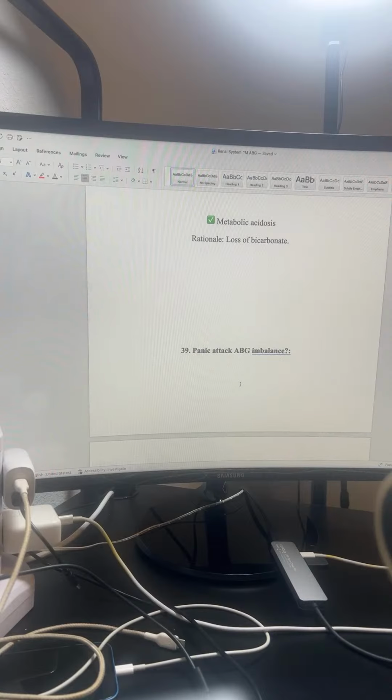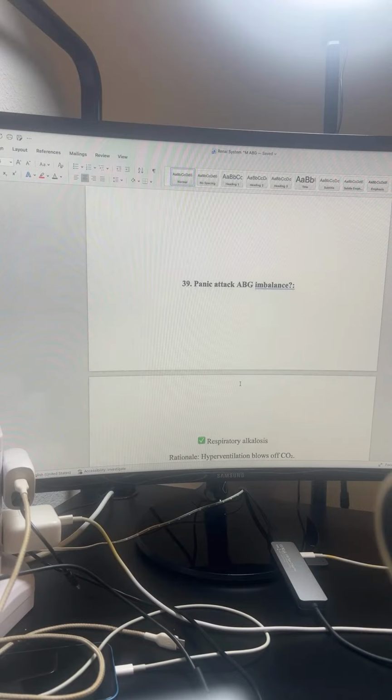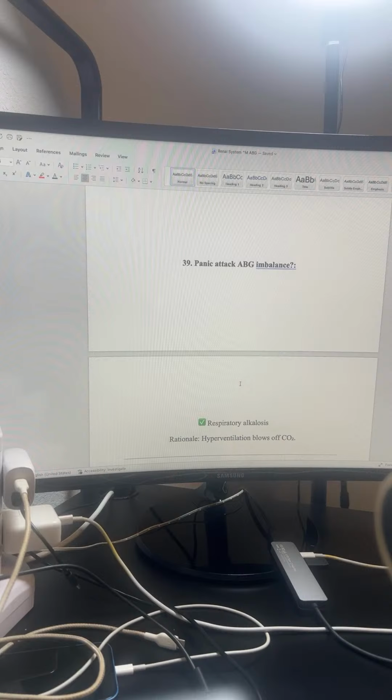So the patient is hyperventilating, so you will have your respiratory alkalosis because of the hyperventilation, they're blowing off CO2. So they're going to be in respiratory alkalosis. Yes, you are. They're in respiratory alkalosis.